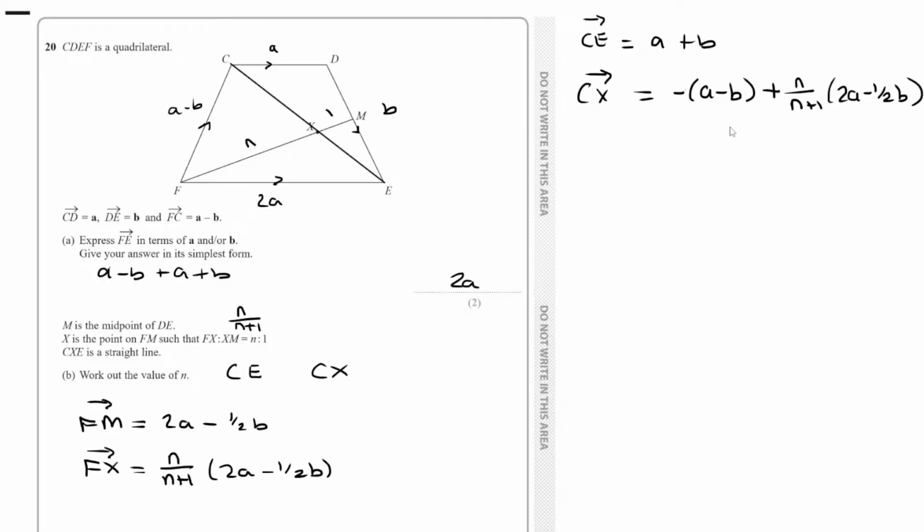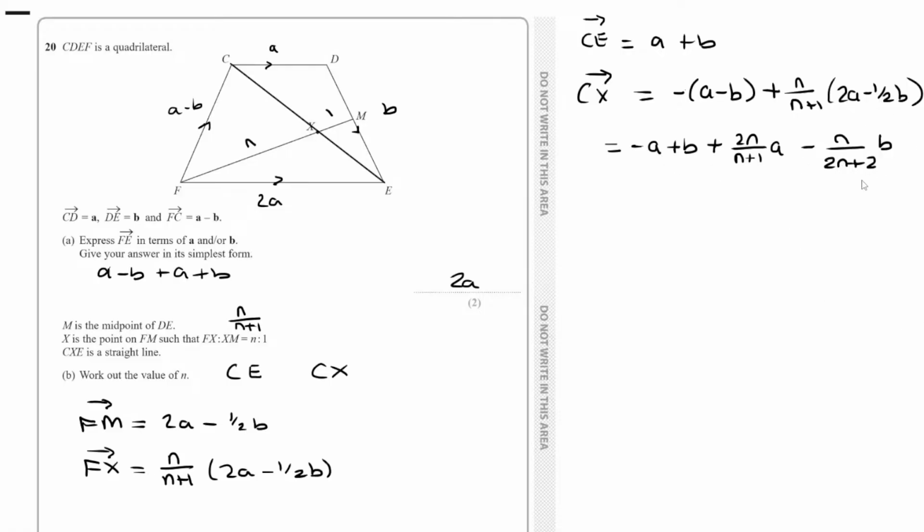So I'm going to now expand and simplify the second one, because you see how I've got A's and B's all over the place. Expand and simplify it, get all the A's together, all the B's together. Okay, so that's minus A plus B. Be careful with your negatives and positives, otherwise it could all go wrong. 2n over n plus 1 A minus n over 2n plus 2 B. I'm just multiplying the fractions here, right?